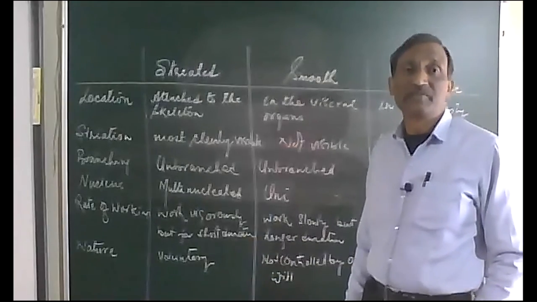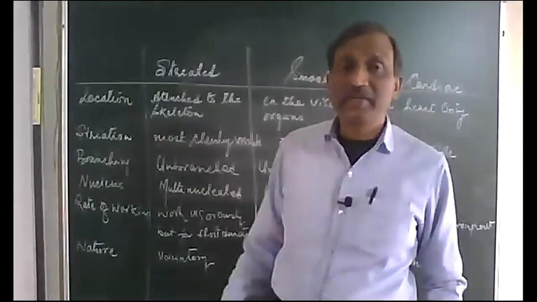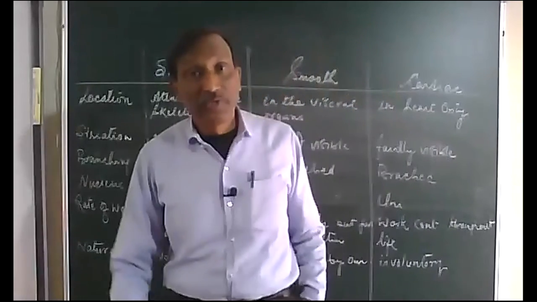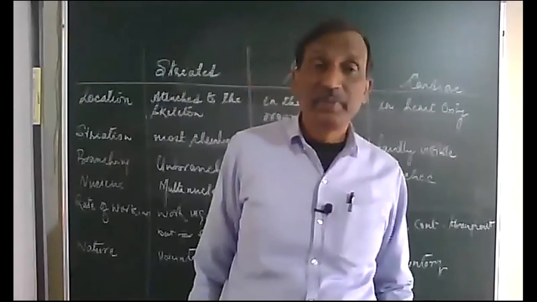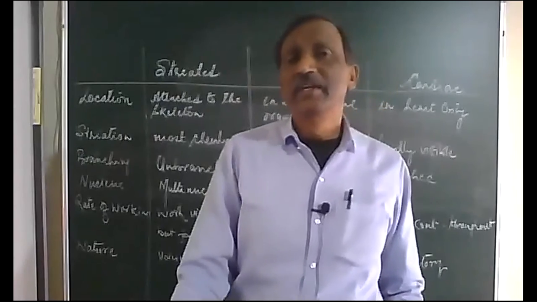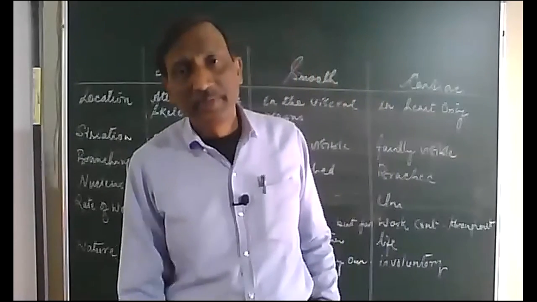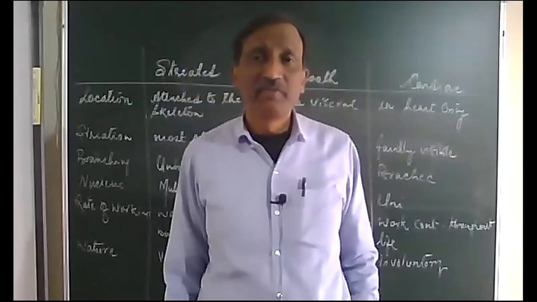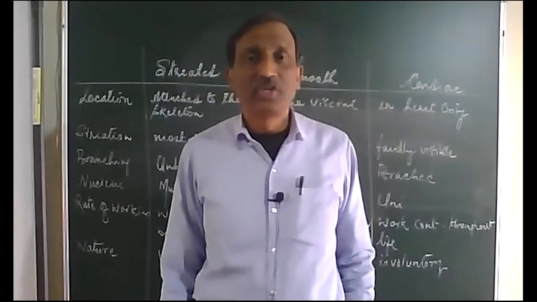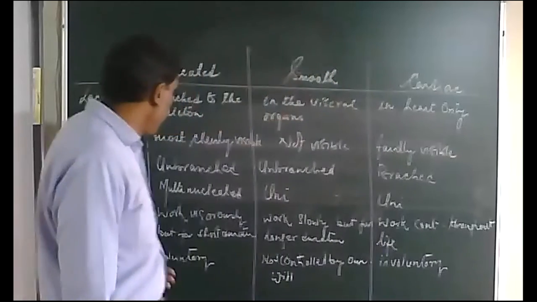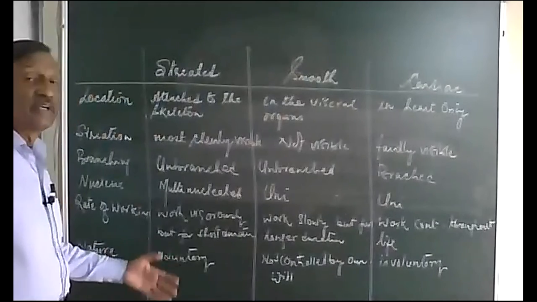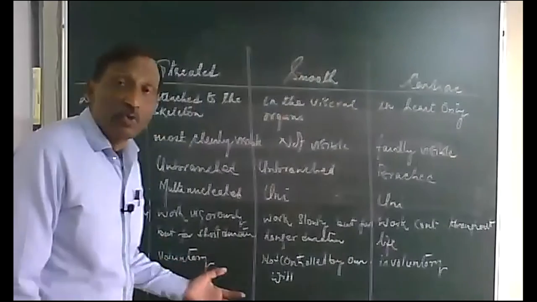How long can a person run? If he is running with a good speed, he can run at the most for 15 minutes, 20 minutes, half an hour, 1 hour, not more than that. Even those people who run in the marathon are using these muscles, but at a very slow pace.